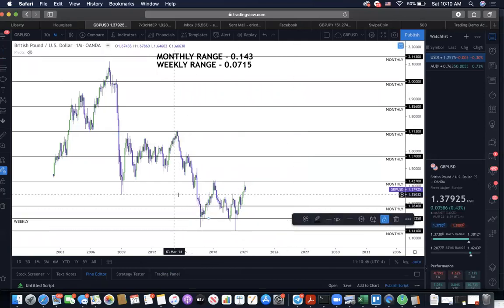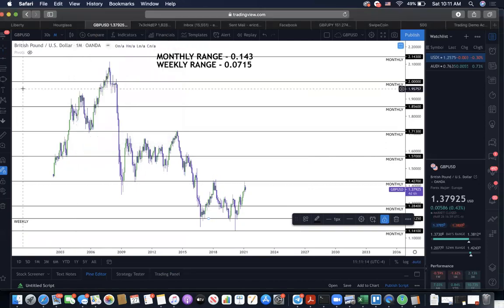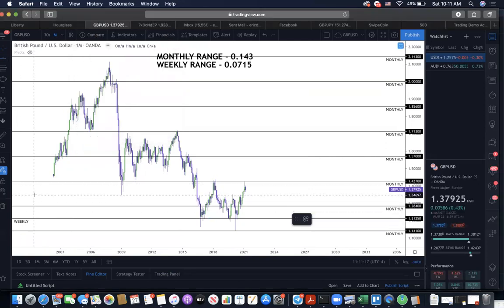So to get the weekly key level in here, it needs to be this plus an additional 0.0715. So I'm gonna add 0.143 to get this range, 0.143 to get this range here, all the way up. Okay, let's do it. So plus 0.143, 1.3555. Cool.